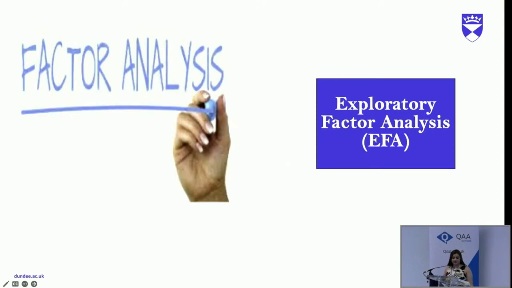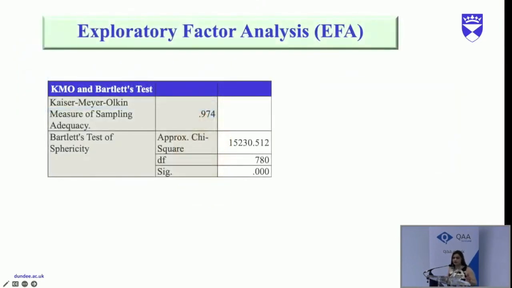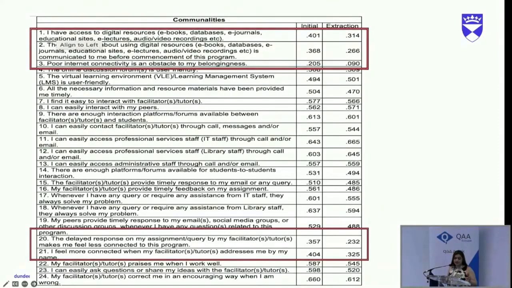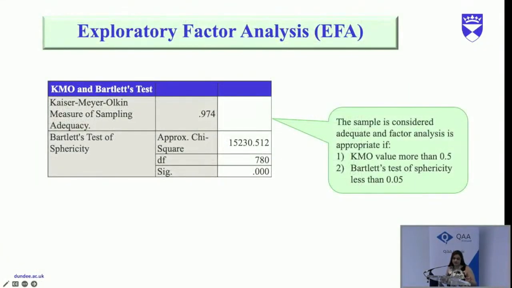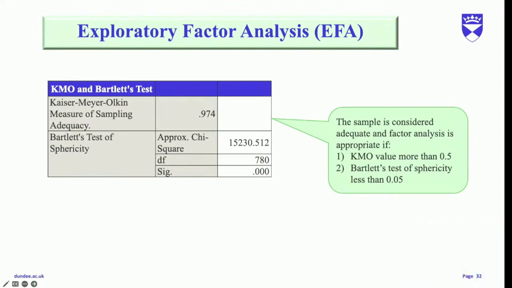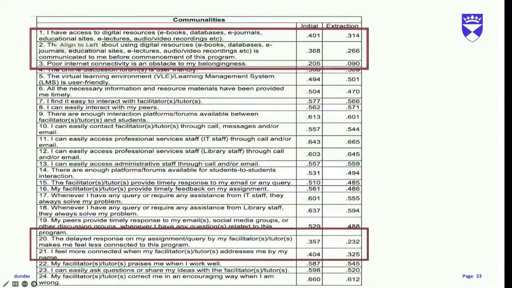So study 3 includes the factor analysis. I conducted the EFA, exploratory factor analysis, and it said if the KMO value is more than 0.5, that is an accurate exploratory factor analysis for the study, and it came out accurate for me. And these are the items which were removed at this stage.